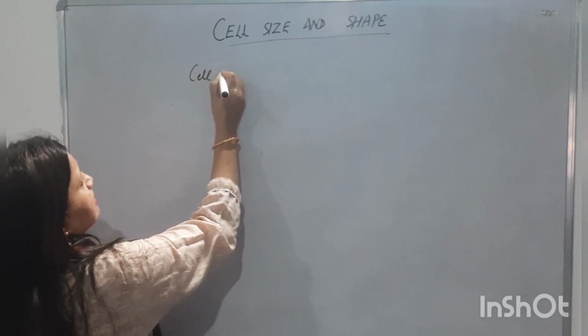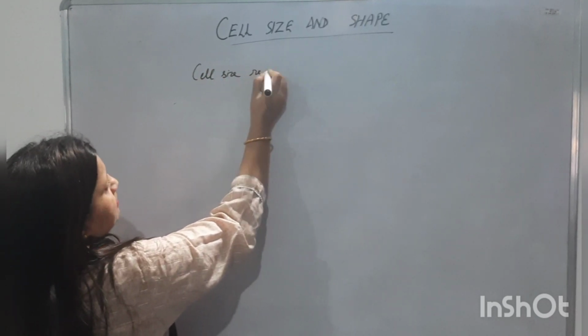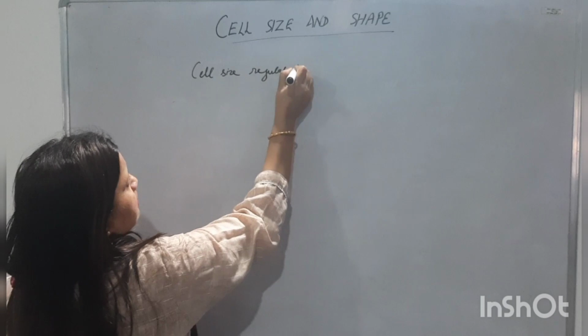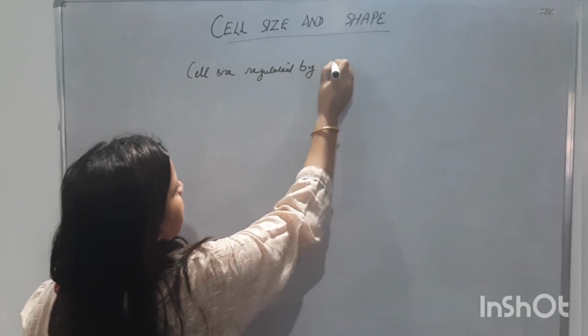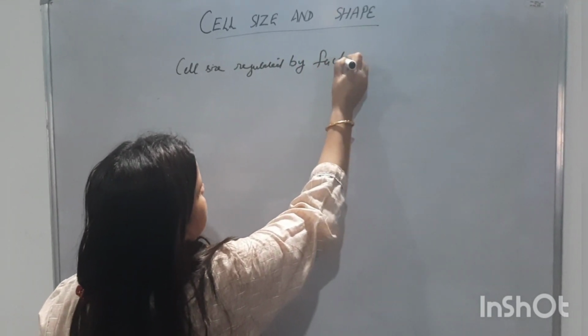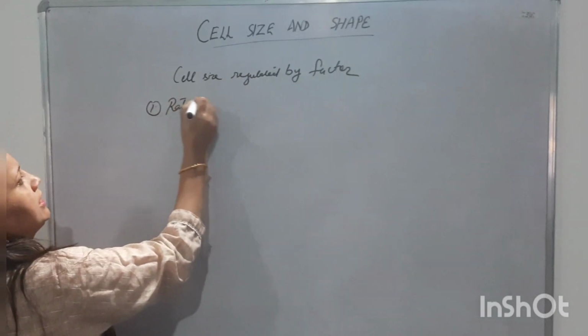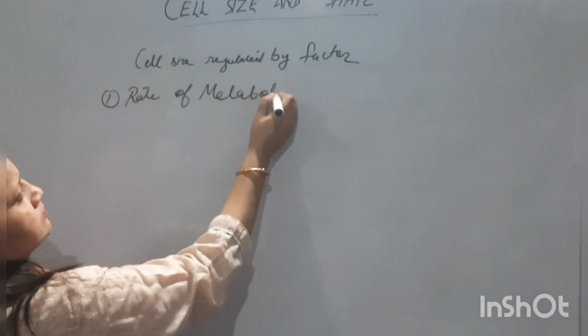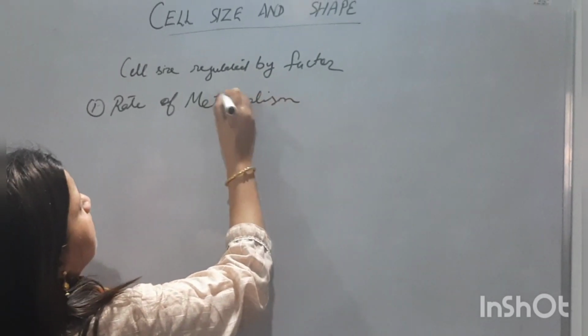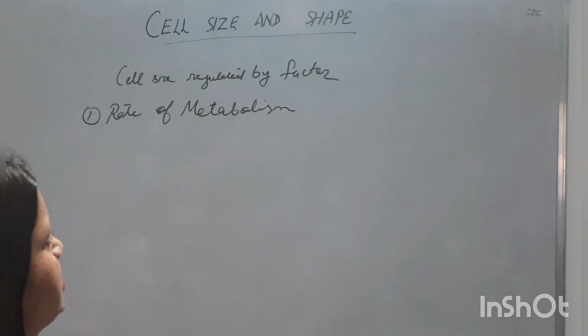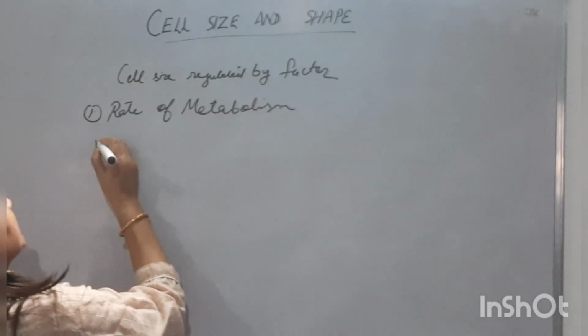Cell size is regulated by factors. First I can say rate of metabolism. It depends upon the metabolic activities of the cell, how efficient the cell is to carry out its metabolic activities.